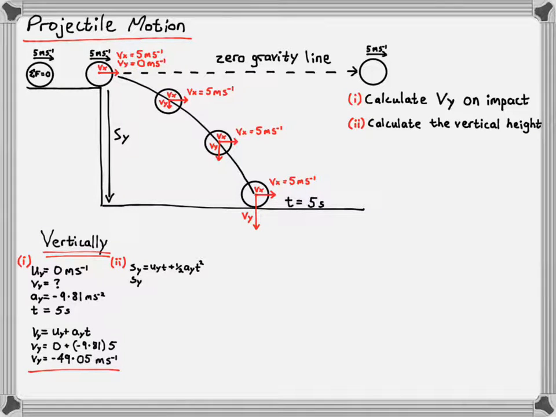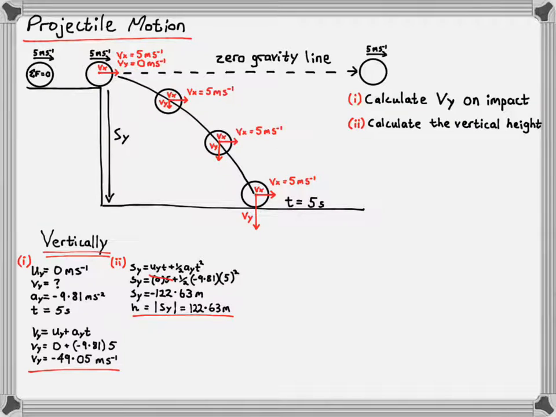Okay, so again, I just fill in my values. You can see here that my initial vertical velocity was 0, so that cancels out that. Plus a half times acceleration. Be careful, make sure to include your minus here or you won't get the correct answer. Minus 9.81 times the time, 5, which is all to be squared. So I work out that my vertical displacement is minus 122.63 meters.